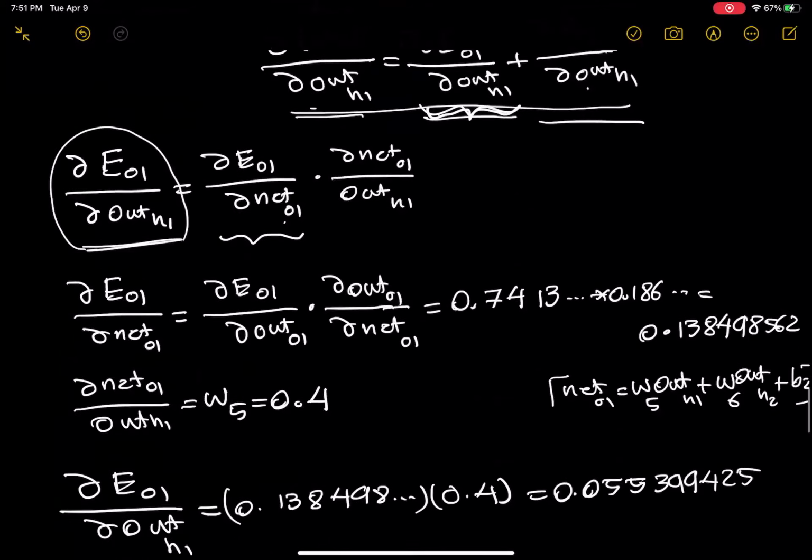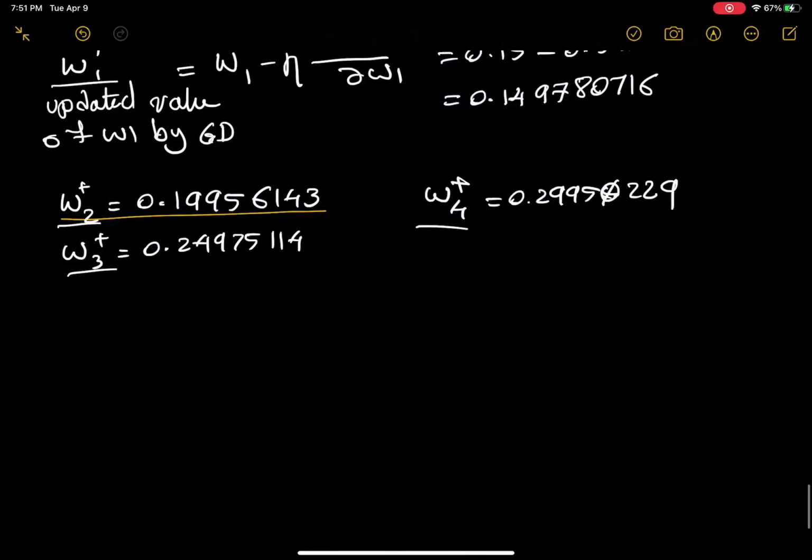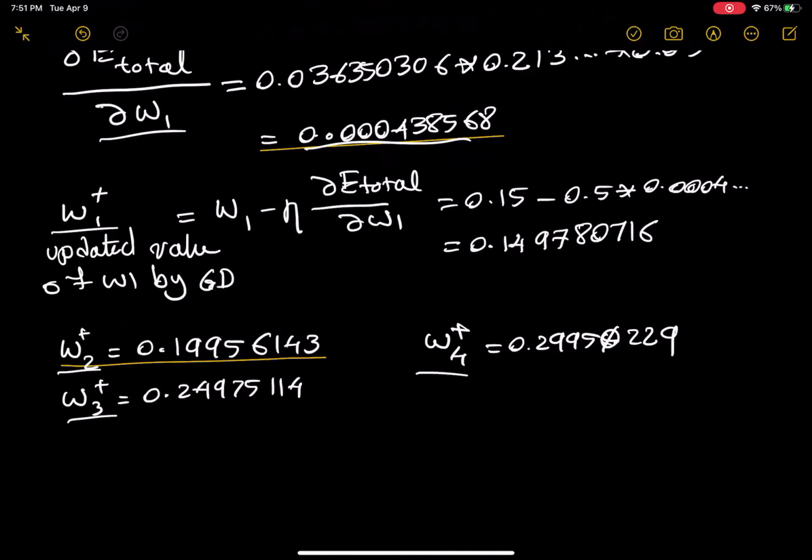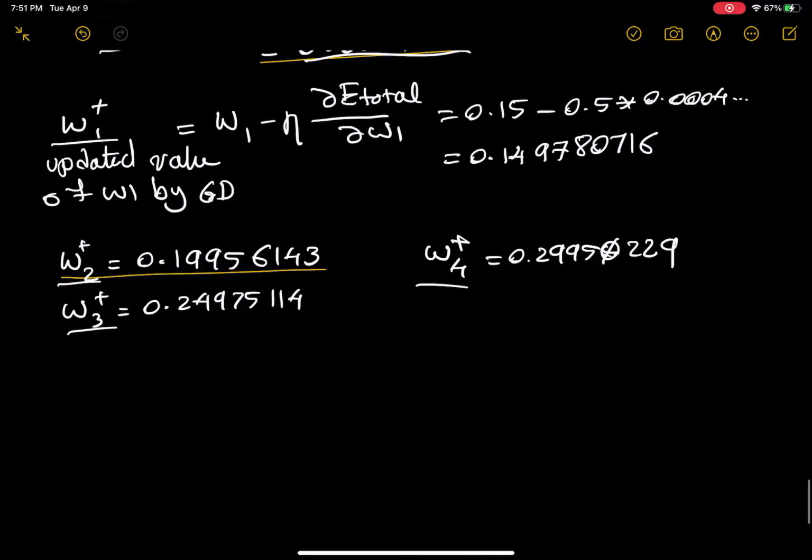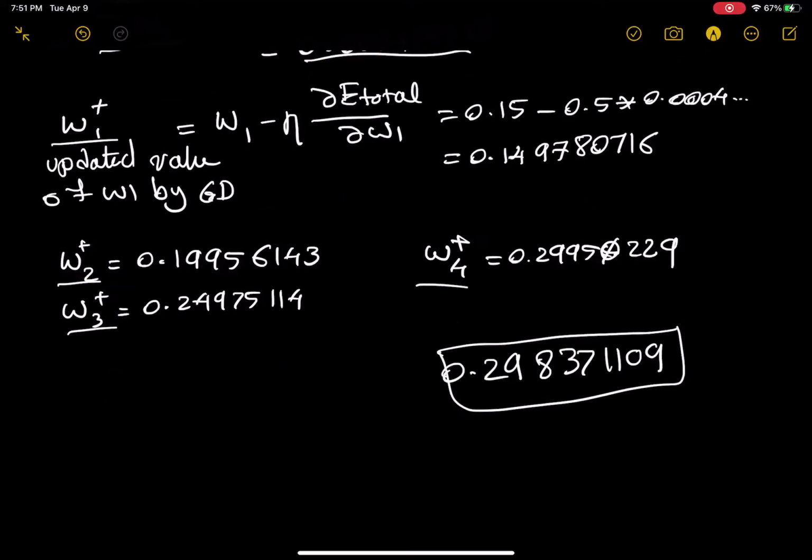Unfortunately, if someone is curious enough, maybe tonight you could feed forward this network to see what you get. Maybe I have those results here. Let me see. The previous error was 0.2983711009. So this is the original error I got.